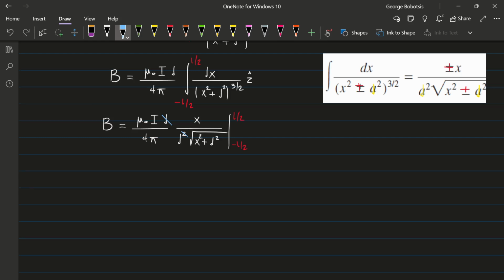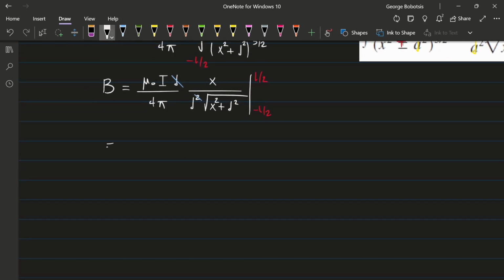Gone are these guys. You're left with mu naught I over 4 pi d. Boom, boom. And then you're evaluating here. Take a close look at what happens on the bounds when you put them in. You got L over 2 there, and then you've got L over 2 squared on the bottom there.